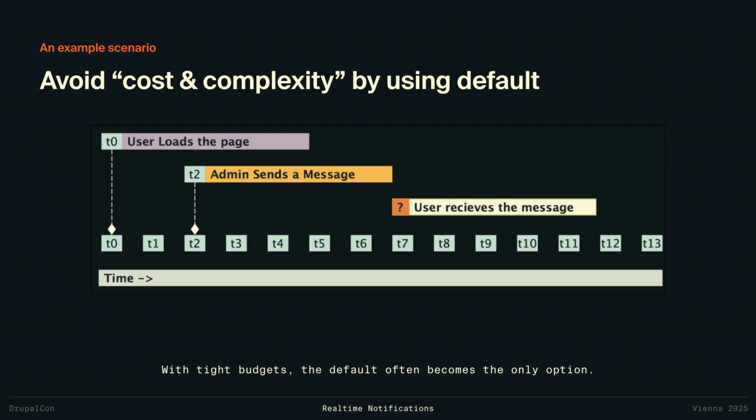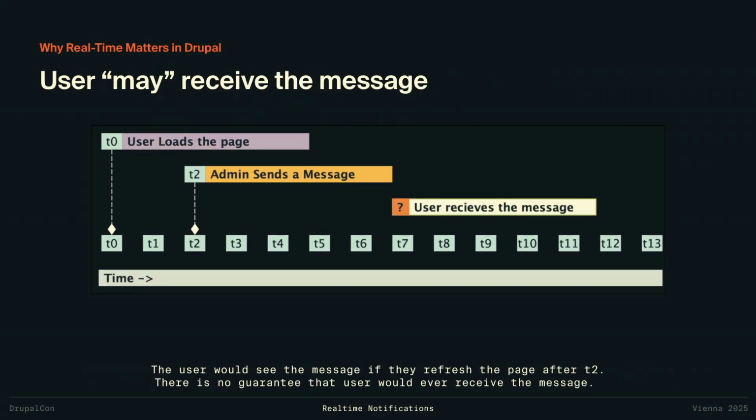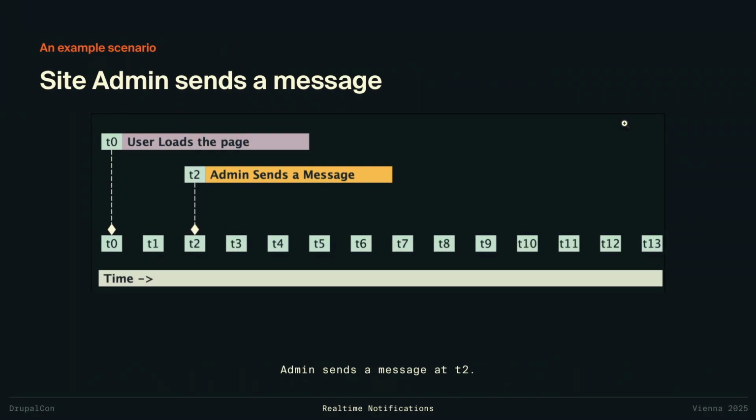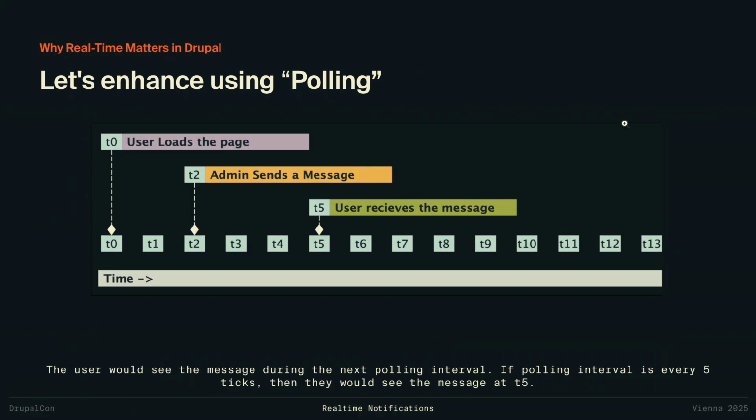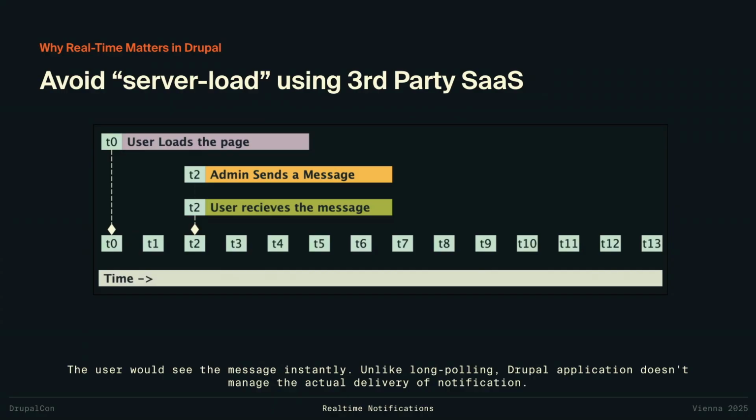I think I missed one slide in between. One thing which I should also explain is there is also something called long polling, where you get the same benefit as using a third-party SaaS.